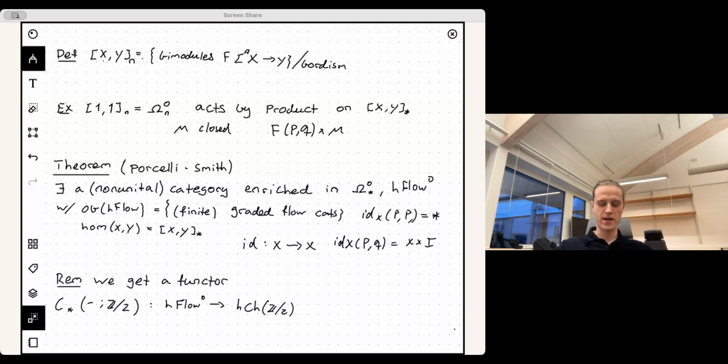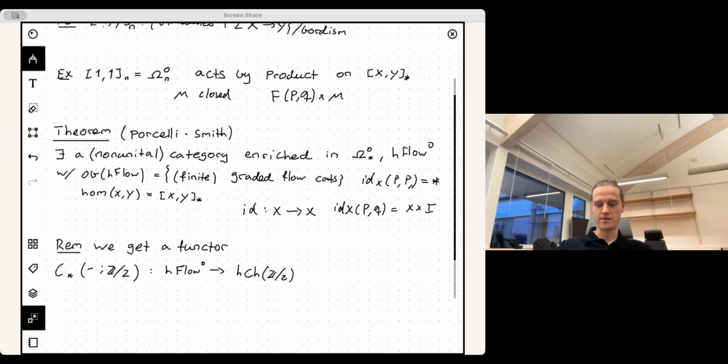Okay, now by the kind of argument, this analogy between chain complexes and flow categories, and basically running through the same proofs that you used to show that the Morse homology is well defined, you get a functor like this.